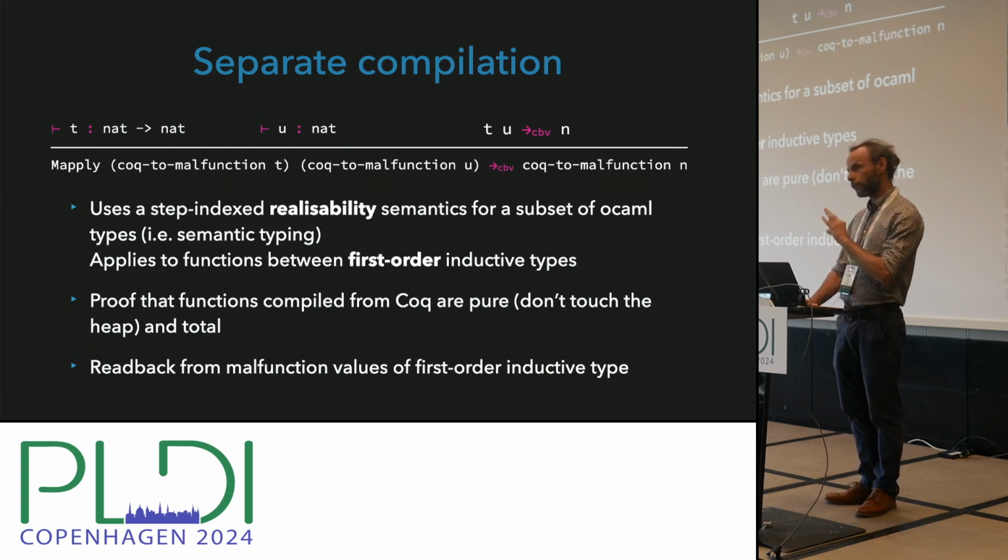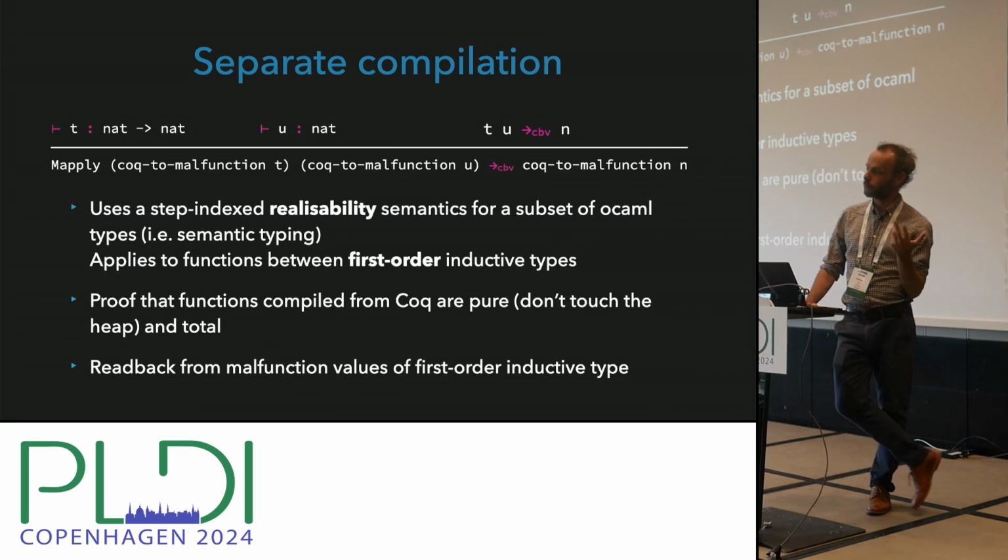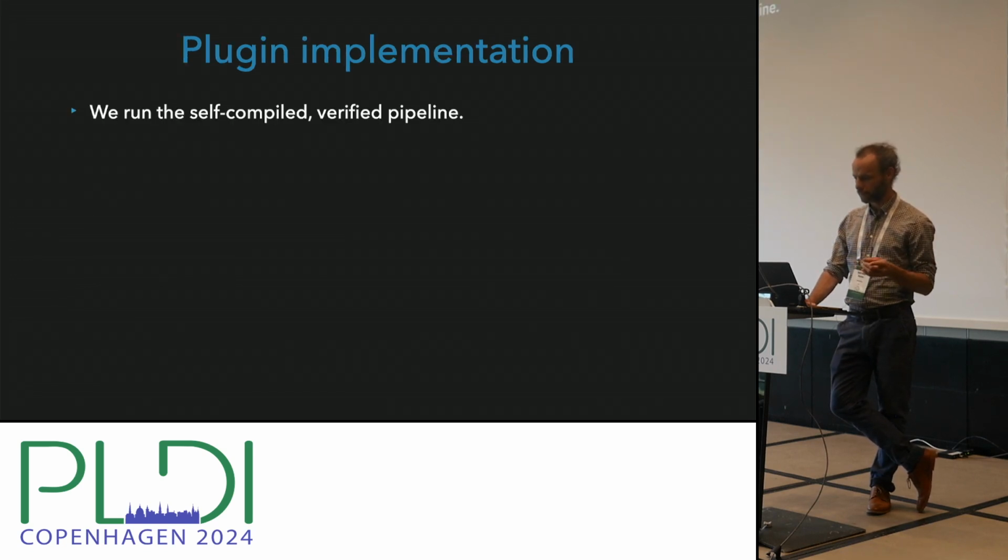Also, part of this theorem involves a readback function that allows us to decompile a malfunction encoded inductive value into a Coq inductive value, which we can reuse when we develop our plugin to interact with this extraction.